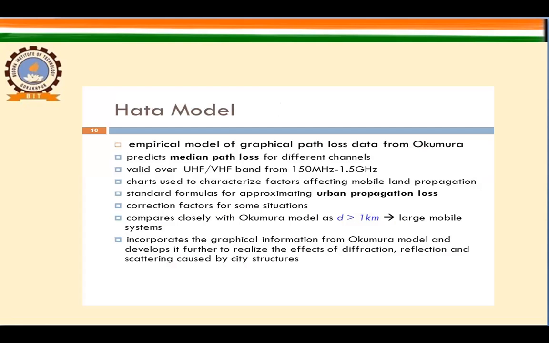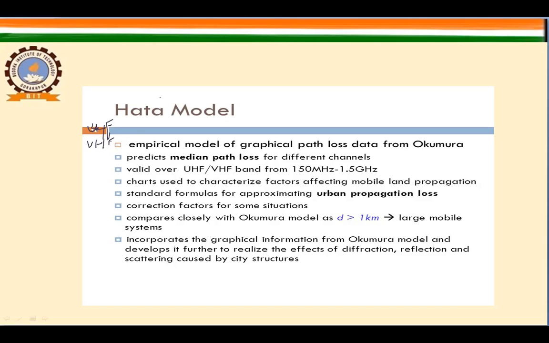The HATA model is the empirical model of the graphical path loss data from OKUMURA, and it predicts the mean path loss for different channels. It is valid for the UHF and VHF, very high frequency and ultra high frequency, bands.